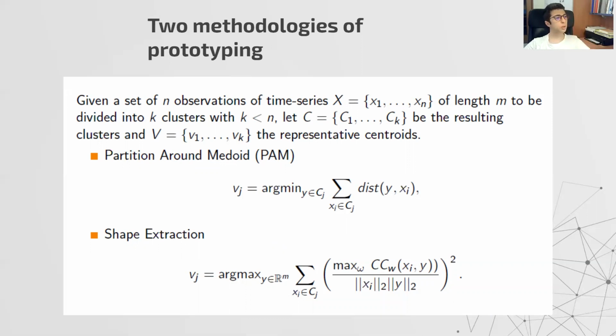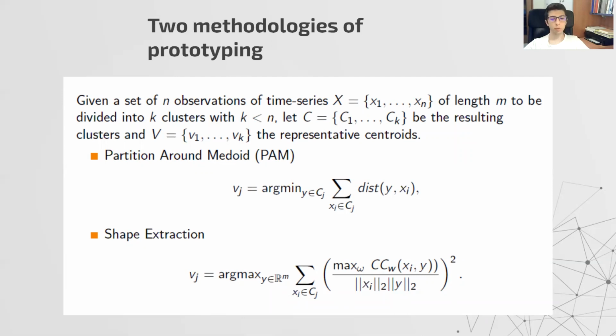We also have to find this representative centroid, and with the first method, we choose the representative element by comparing all the distances between a generic element inside the Cj cluster and all the others, and we want to evaluate the summation among all the others.